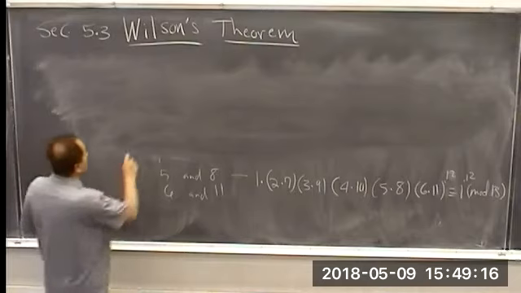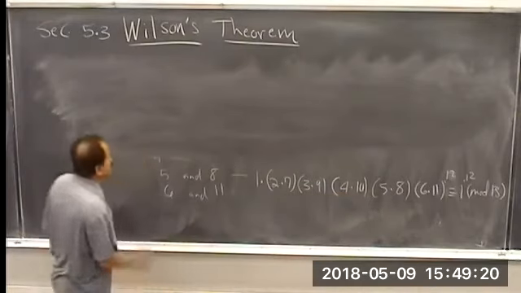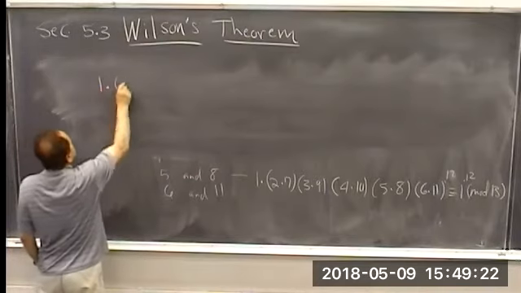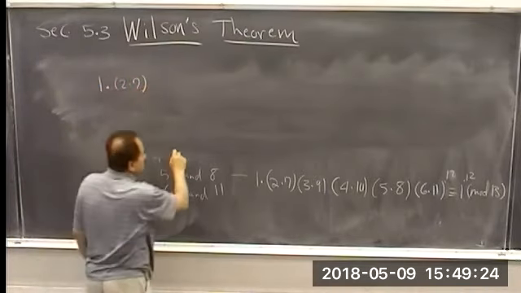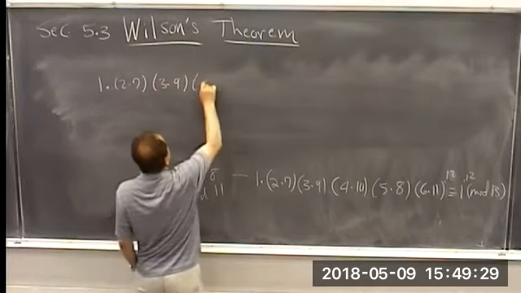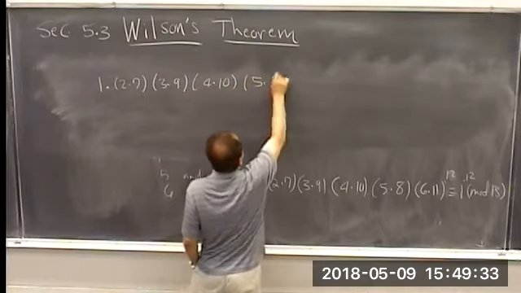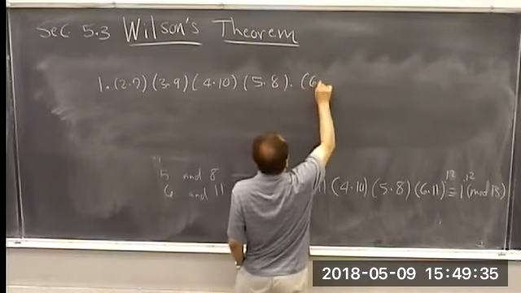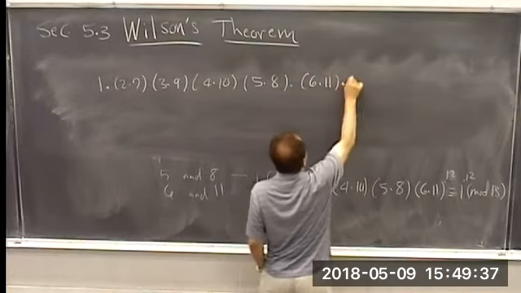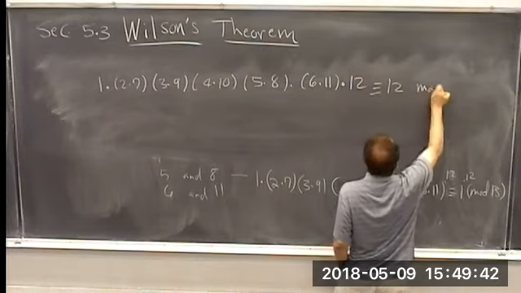Now I could rearrange these, actually let me put them like this: 7, and 3, 9, and 4 times 10, 5 times 8, and 6 times 11 times 12. So this is congruent to 12 mod 13.